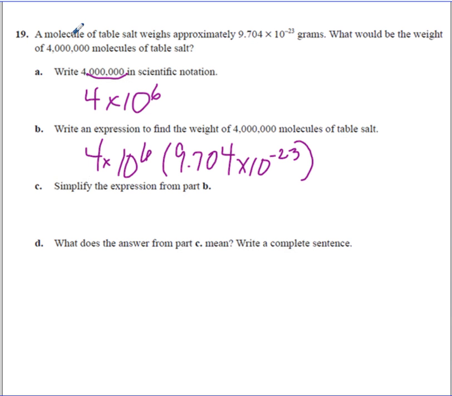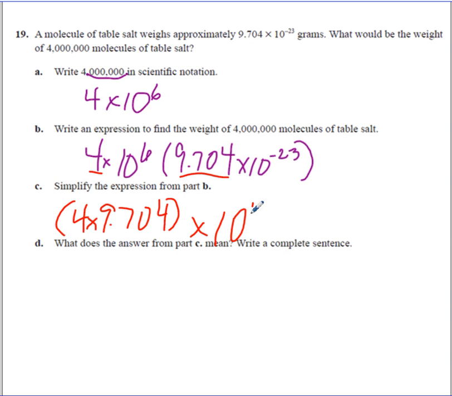So to simplify it, we'll take our front numbers here and multiply them together. And then for our exponent, we add exponents, so times 10 to the 6 plus negative 23.